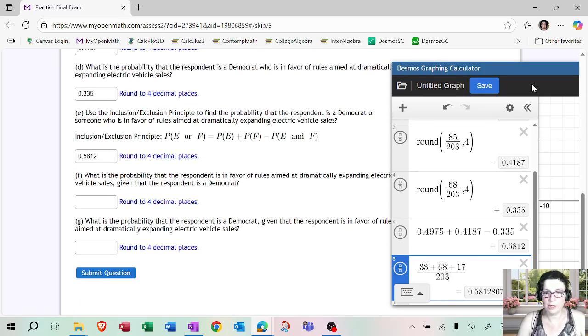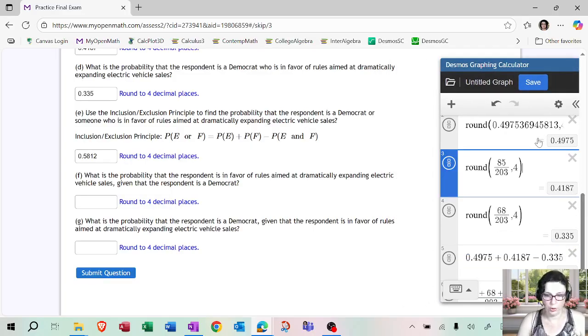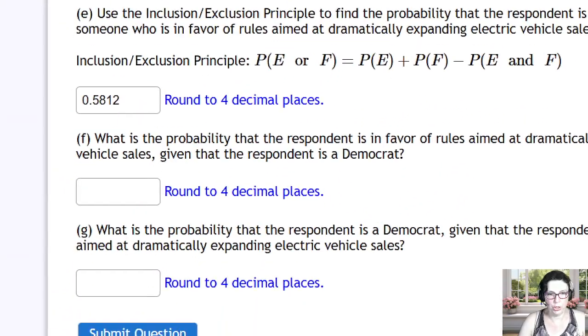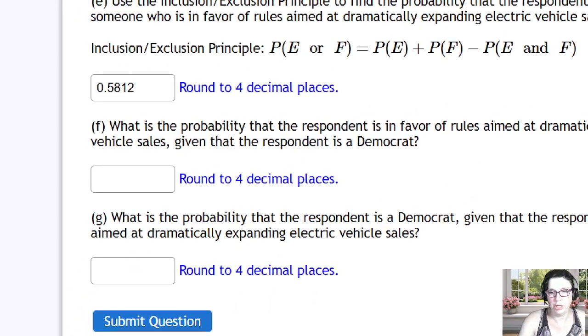Now, the last two questions are what we call conditional probabilities. How do we know that the question is conditional? When you read the question, it says, what's the chance the respondent is in favor given that the respondent is a Democrat. When you hear this given that, that tells you this is conditional.